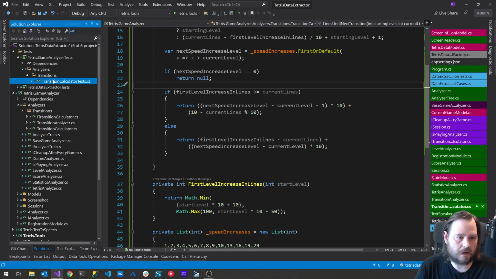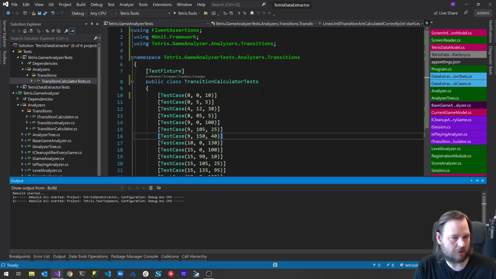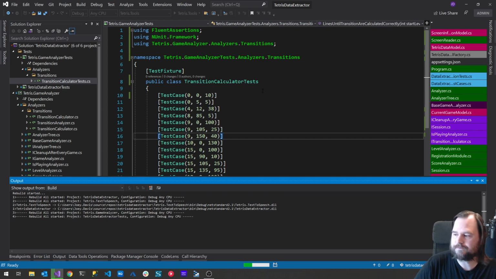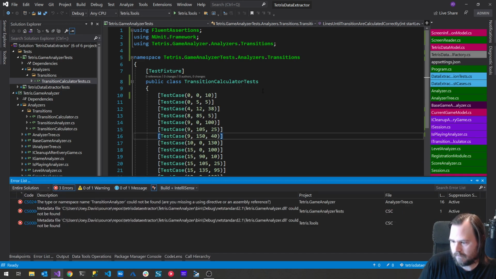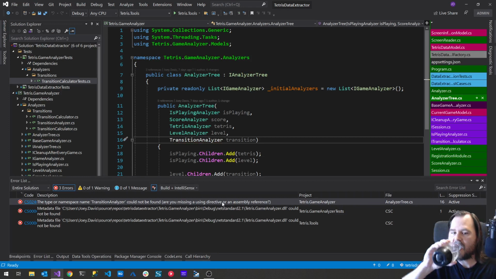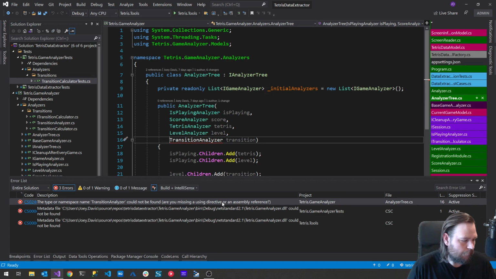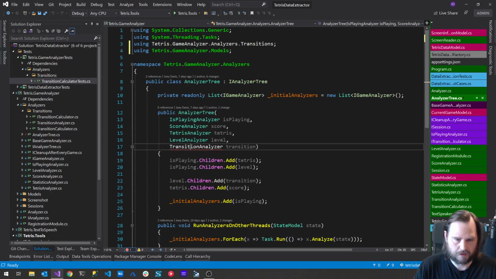Let's go back to our calculator tests and run all of these things and see. Let's rebuild my solution here. See if I didn't do anything wrong. Oh, I did do something wrong. Right, we moved namespaces, so let's do that.